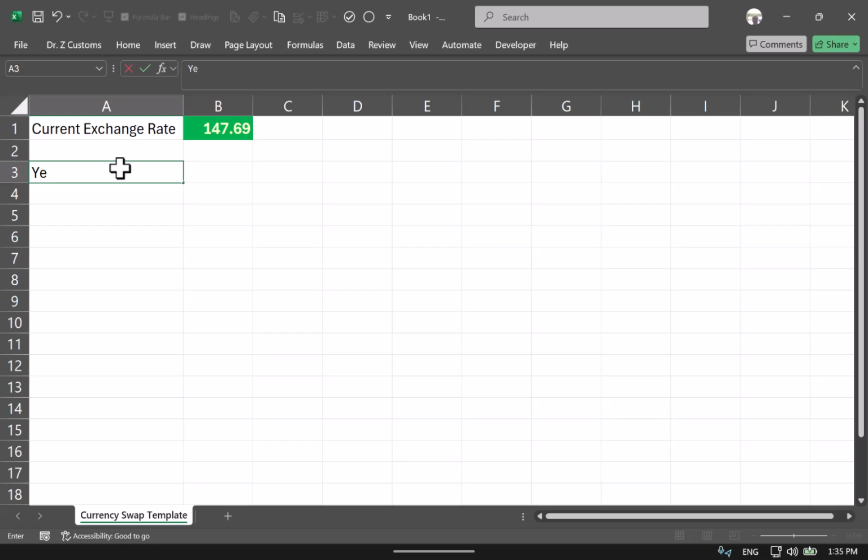To make it simple, I'm going to do this in years, but the idea extends to any maturities pretty much.